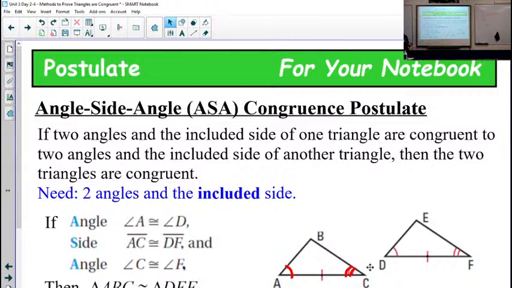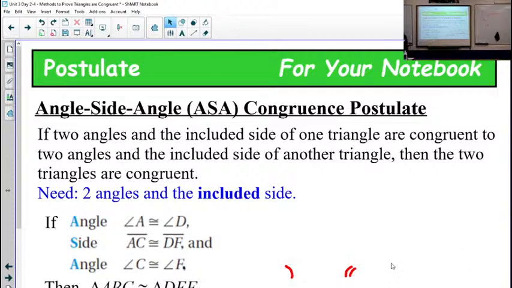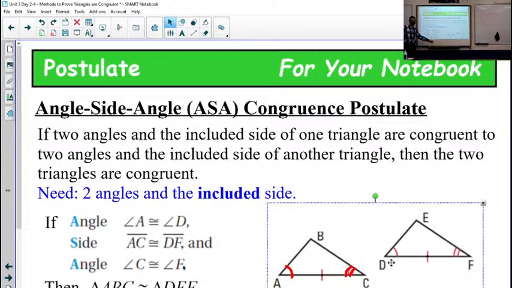And then I could take away the diagram and I could see that the side included in between them is this side right here. The side that's in between those two angles. Another way that you can see it is if I kind of go around the diagram and see the tick marks that I made. I have the angle first, then the side, then the angle.